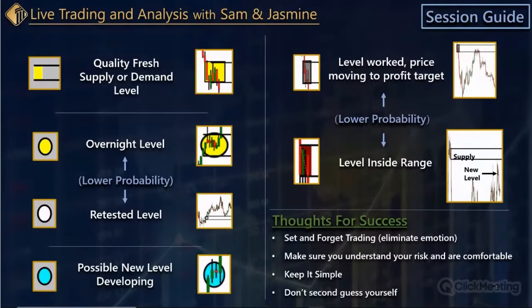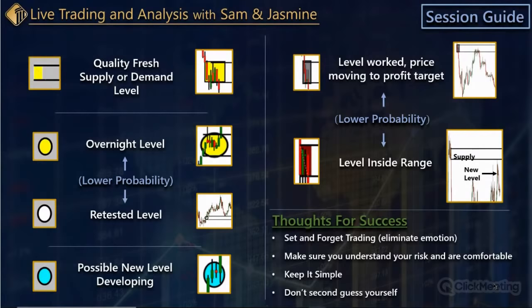Now, even on the demand side, a level produced during the day session is typically going to be higher probability than a demand zone created in the overnight session. Doesn't mean that trades taken in the overnight session are lower probability or higher risk or lower reward.